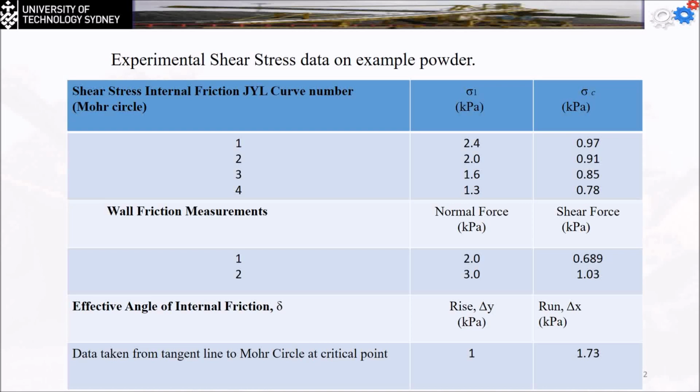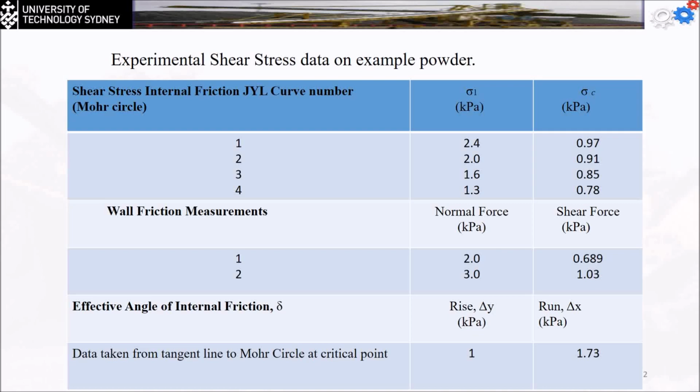We did 2 runs. In the first one, the normal force value was equal to 2, and the shear force tau was equal to 0.689 kilopascal. Then I increased the load to 3, more weight, and I got the value of 1.03 for the shear force.